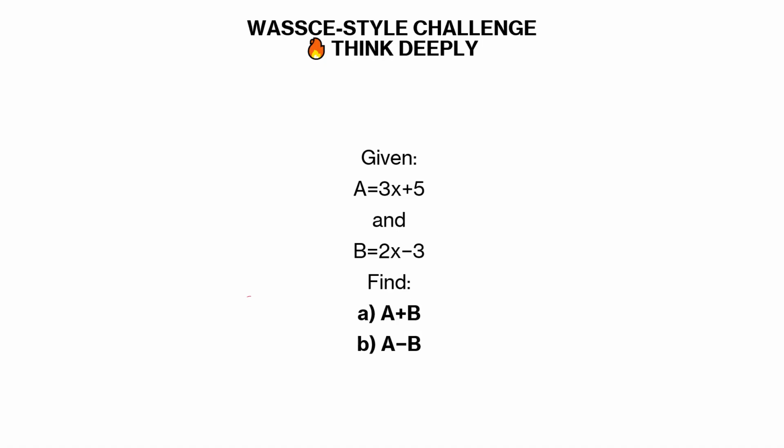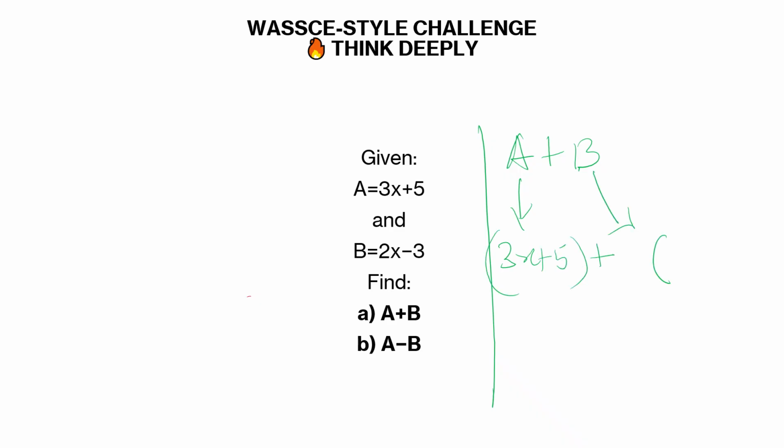This is the word-style likely question. We have a variable a equal to 3x plus 5 and b equal to 2x minus 3. Let's find a plus b. Because we know that a is 3x plus 5, we are to add it to b, which is 2x minus 3.